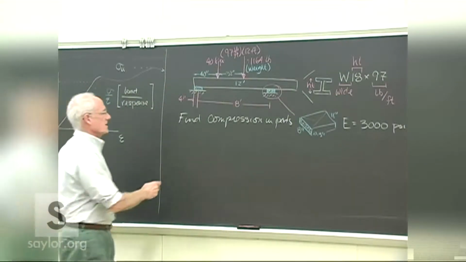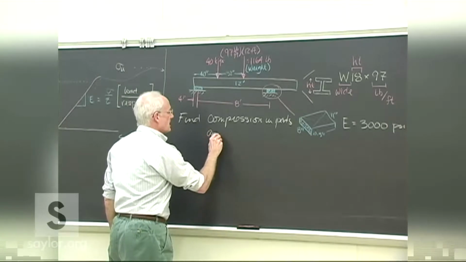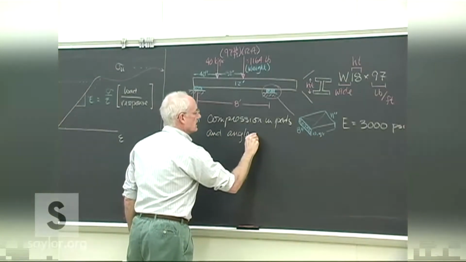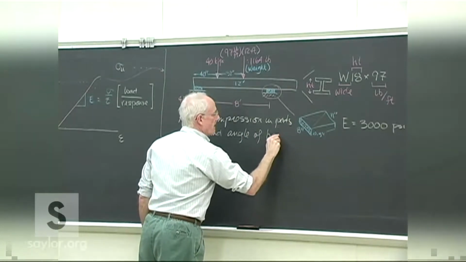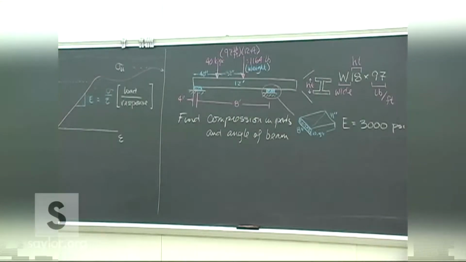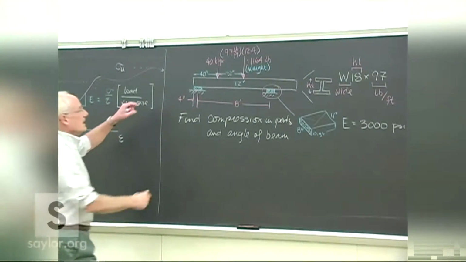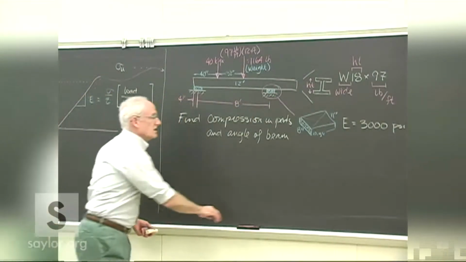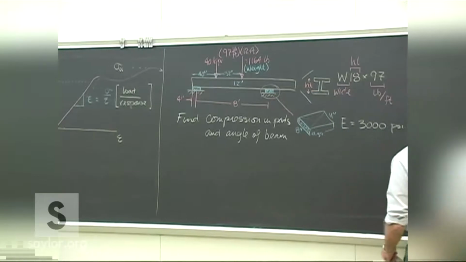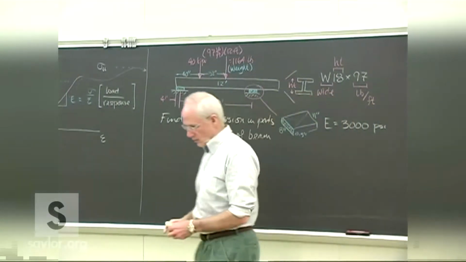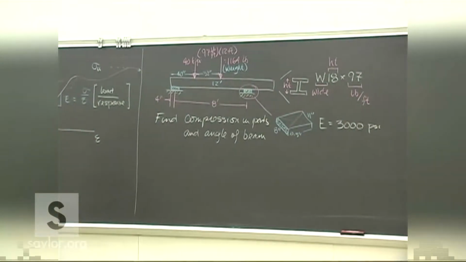I want to find the compression in the pads, and because of that, the resulting angle of the beam. And as a designer of the rest of the structure, the angle at which this beam might be when loaded is very, very important, because it may make something else in the rest of the structure not work quite right.